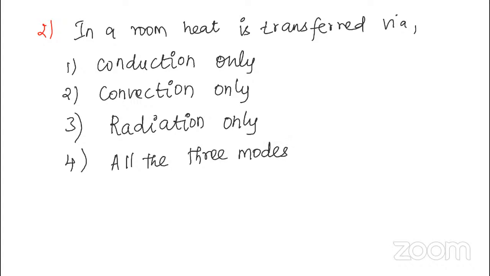So which one is correct? We have to choose either A, B, C, or D. In a room, heat is transferred via conduction, convection, radiation, or all the three modes. Which one is right?